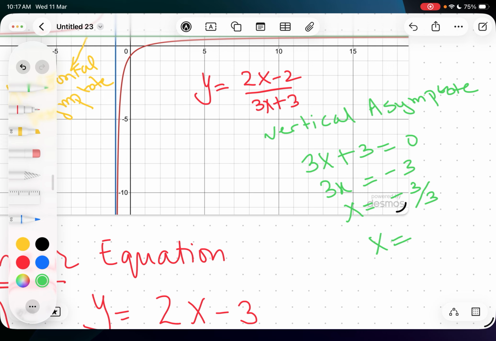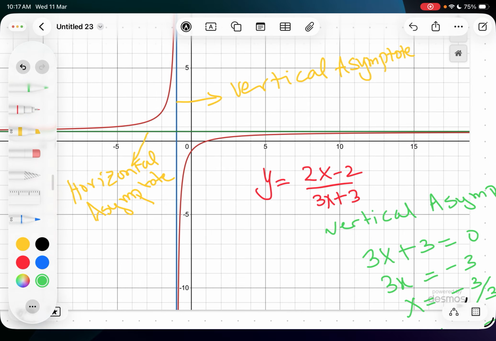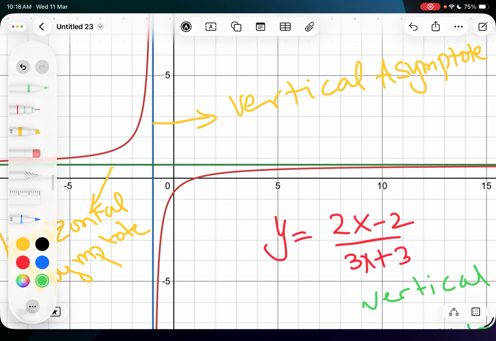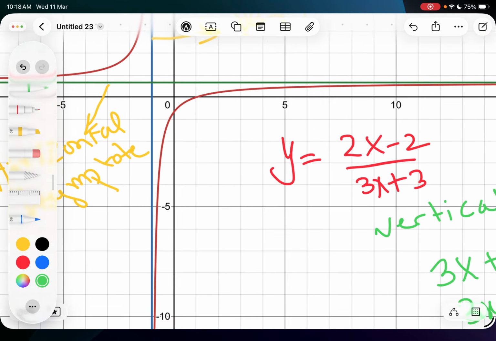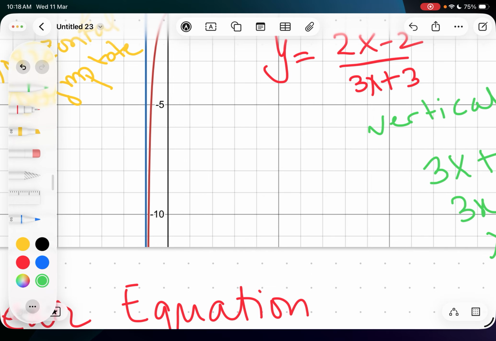So x is equal to negative 1. This represents the vertical asymptote. You can clearly see this in the plotted graph: x is equal to minus 1 is this blue line that represents the vertical asymptote. That asymptote is not crossing the curve, it's just approaching it.